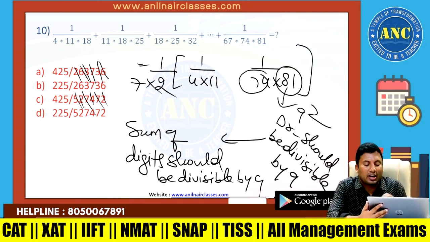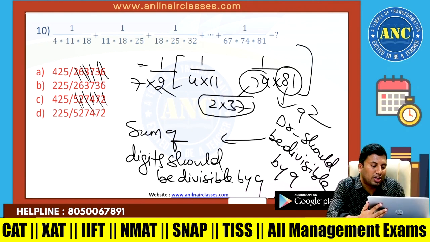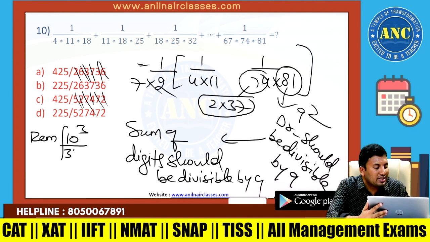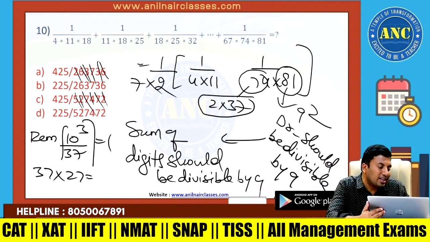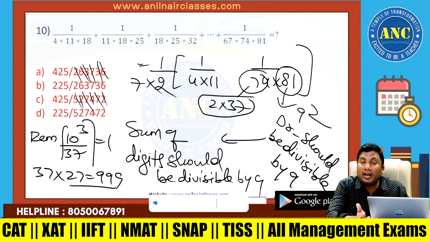Next one, 74. 74 is nothing but 2 into 37. Remainder 1: 10 cube by 37 is 1. 10 cube is 1000, and 37 into 27 is 999. So the remainder is 1.